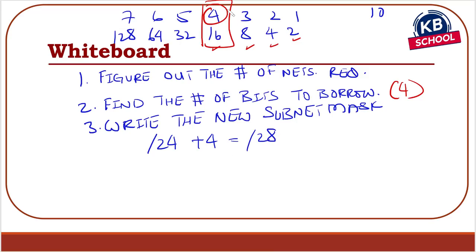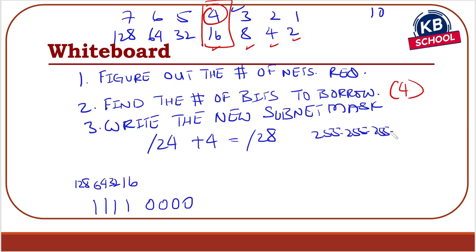Why plus 4? Because I borrowed 4 bits. Or if I borrowed 4 bits, again, the first 4 bits will be my network portion. The last 4 bits in the last octet would be the host portion. So if this is my subnet mask, 128, 64, 32 plus 16, if you add them up, it becomes 240. So 255, 255, 255, 240.